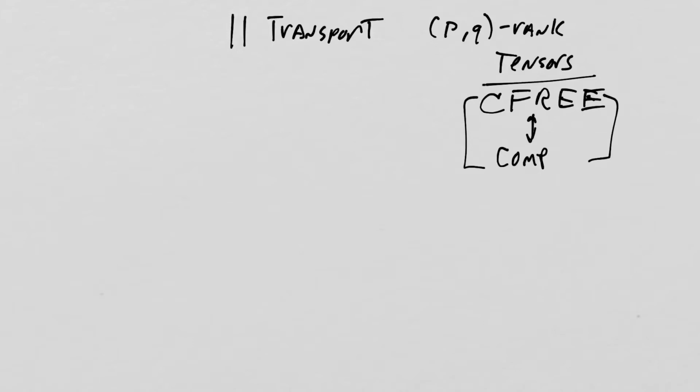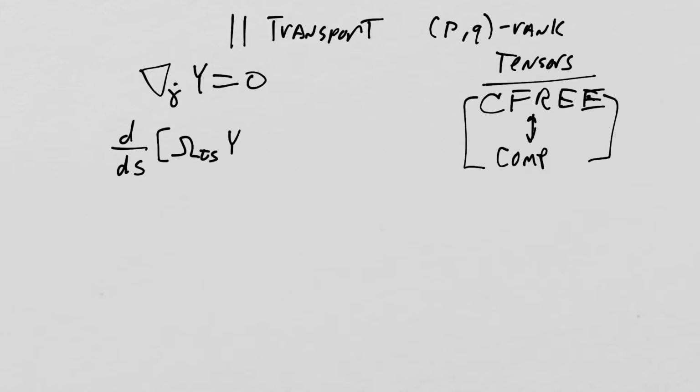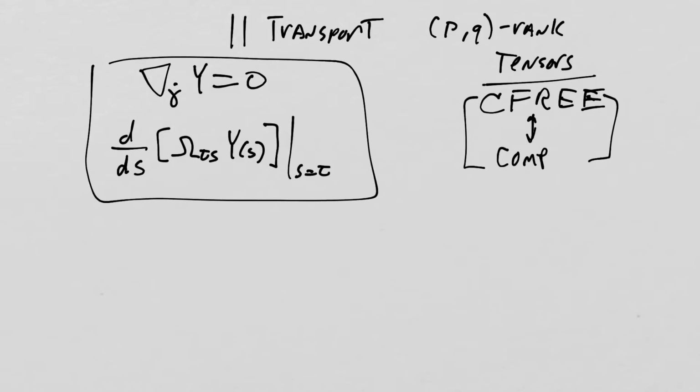Notice that we've done this already for vectors, right? We've got this for a vector, or likewise, we could write this as d by ds of this operator Ts at s equals t, right? So these are the two parallel transport equations, but you'll notice they're both defined for vectors, right?